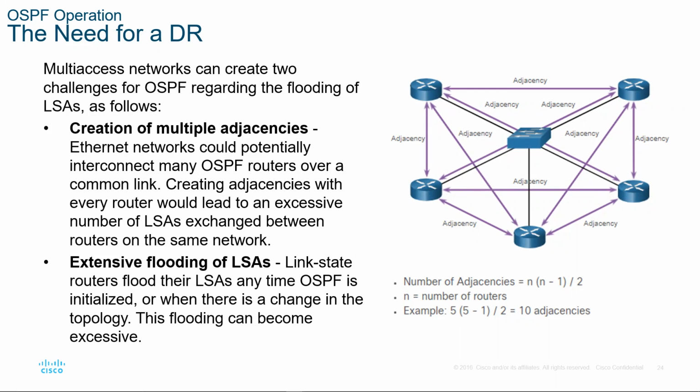As a rule of thumb, the number of adjacencies in a multiple access network is the number of devices times the number of devices minus 1, divided by 2. So for example, we have 5 devices, so 5 times 4 divided by 2 is 10. So there's 10 adjacencies required.